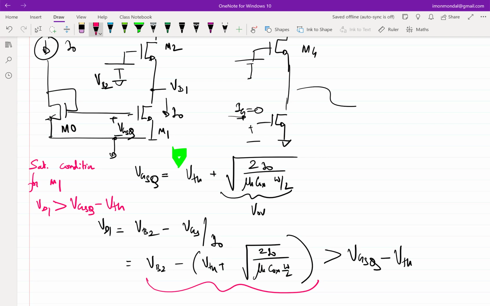I don't want to change I0, right? So decrease VGS of M2, because basically I want to increase VD1. If I have to increase VD1, I have to decrease the VGS of M2. The gate, probably I haven't changed. So what is the only handle?